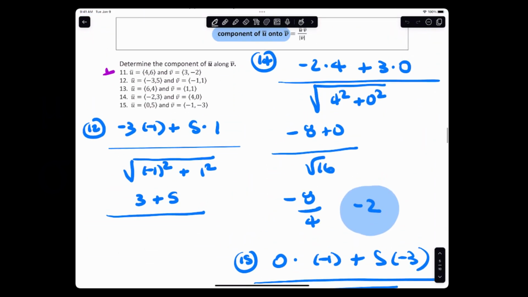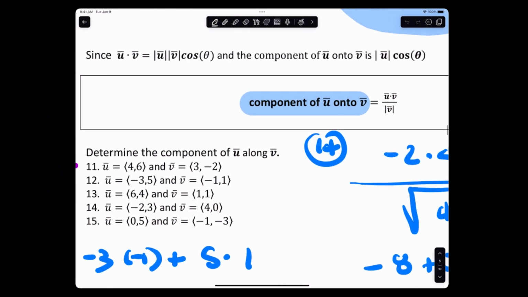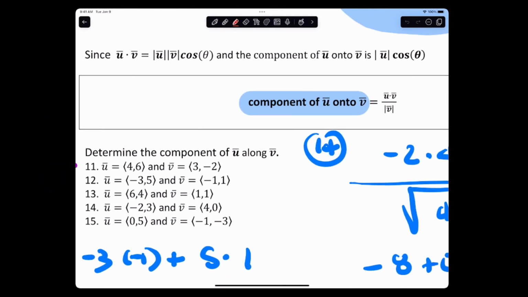You have an application of determining the component of u along v, and I want you guys to know that you want to use this formula. That's the component of u along v, and that's a scalar value. A scalar value is a fancy way of just saying number. Okay, so it's a number, ladies and gentlemen. All right, scalar is a number.